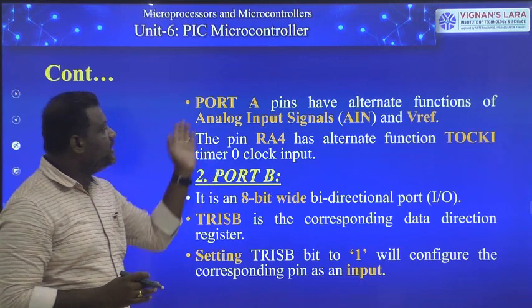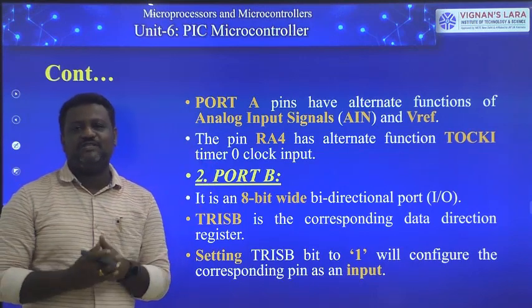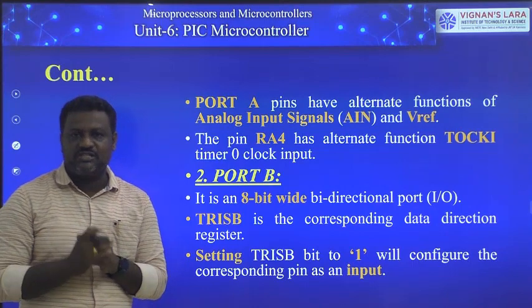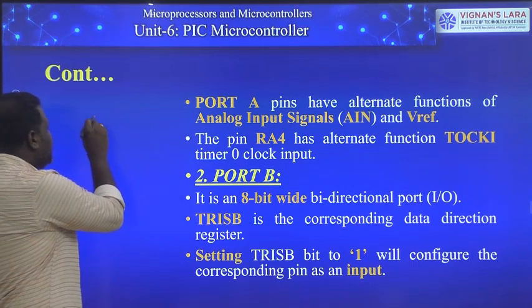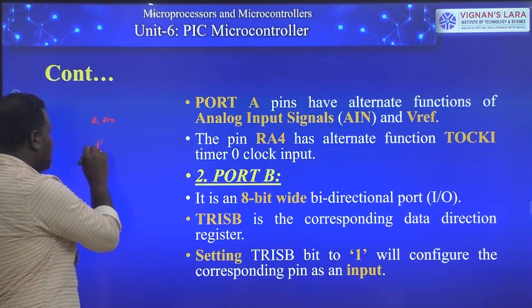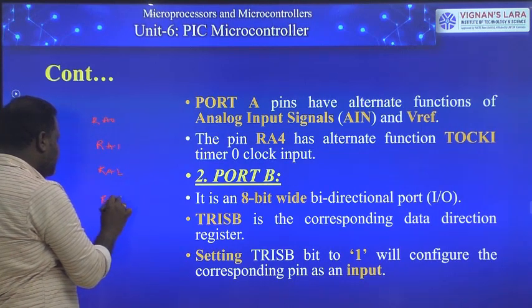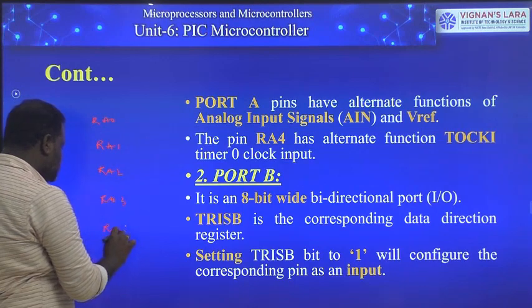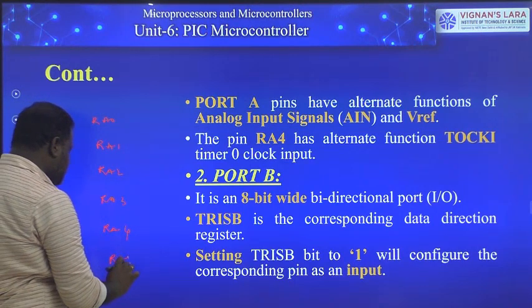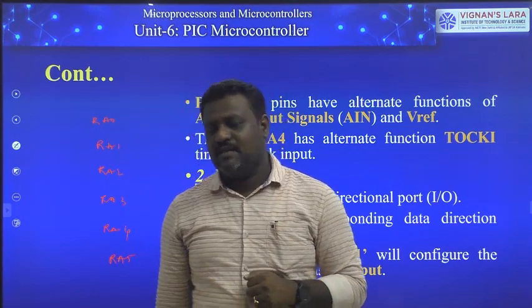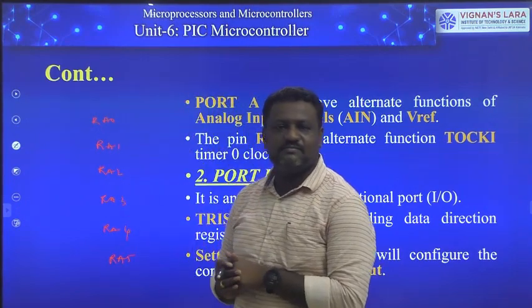And next, port A has alternate functions for its pins. Port A has alternate functions because on port A you have RA0, RA1, RA2, RA3, RA4, RA5. Basically these 6 pins are used for the connection of I/O devices. These pins have alternate functions.